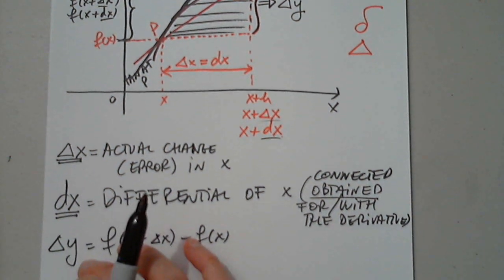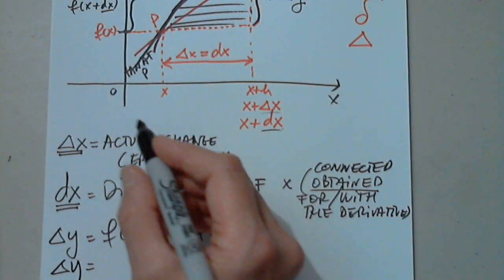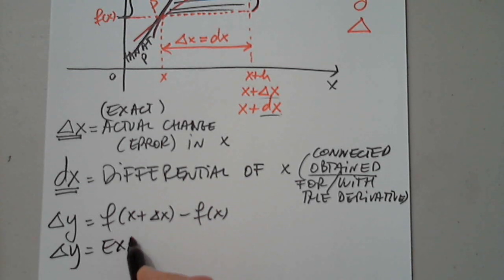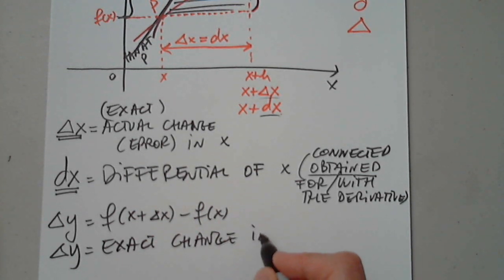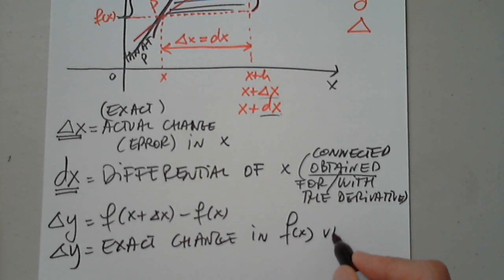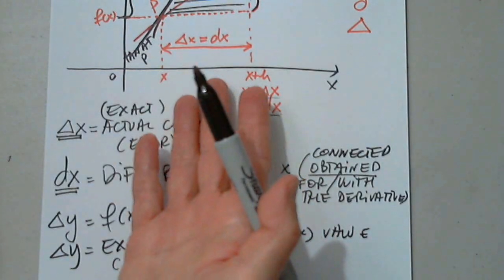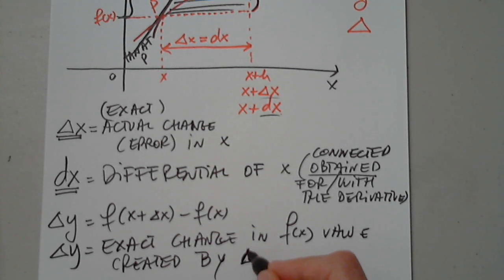And what is delta y? Delta y is the actual, the exact change in the function value created, determined by delta x.